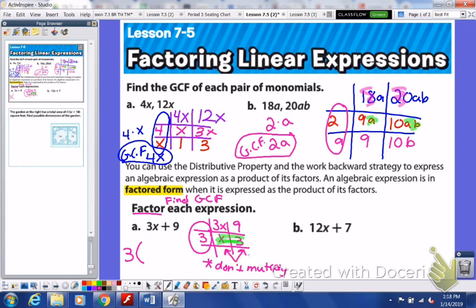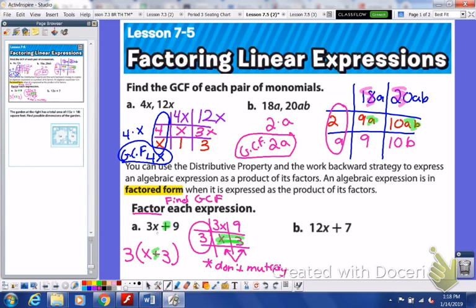Since they are both positive, we are going to be adding them. Notice, it started with plus, ended with plus. So 3 times x plus 3. If you're not sure if you're right, you can check it by distributing. 3 times x gives us 3x. 3 times 3 gives us positive 9. That takes you back to the beginning of 3x plus 9.